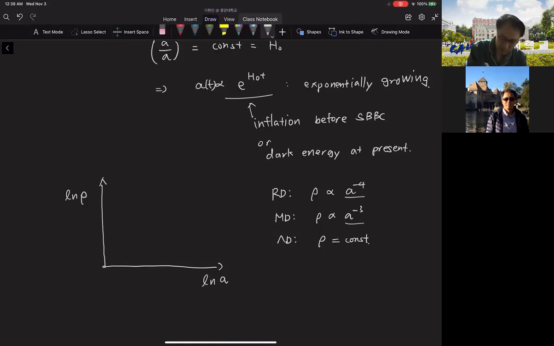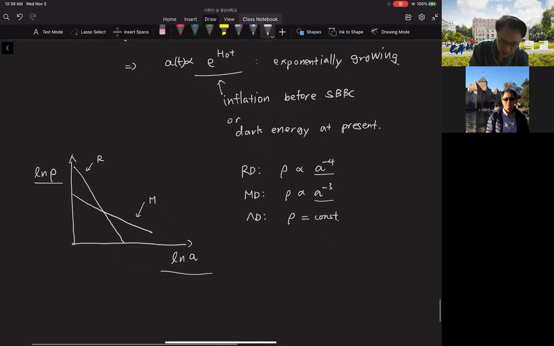So in this logarithmic scale, you can draw something like this. The first one is the radiation, the second one is matter, and the third one is constant.